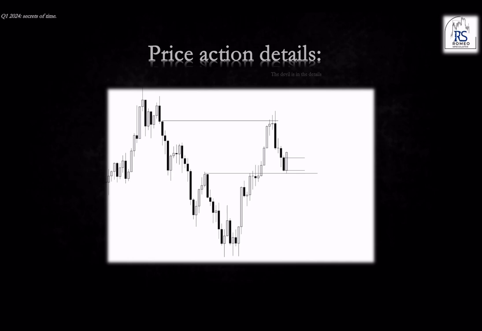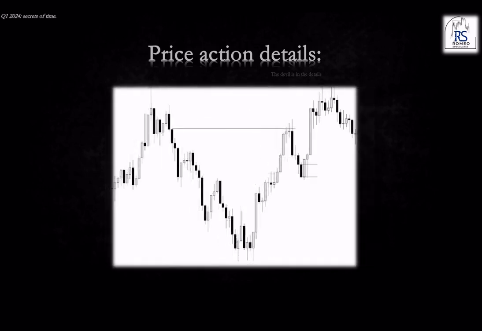Excuse me. And as we see, indeed, we stabbed into the rejection block. Wicks do the damage, and bodies tell the story. We wicked into this order block. We respected the rejection block, because usually what you'll notice is that rejection blocks are usually retraded to more often than not.